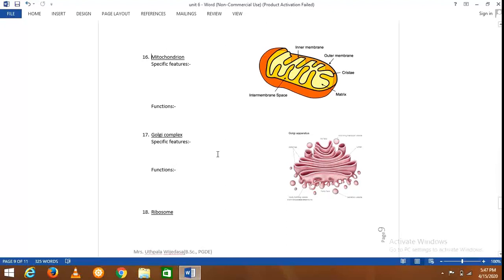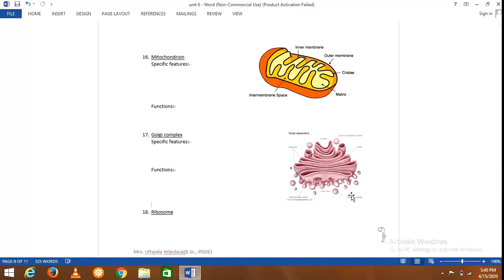Then the Golgi complex. Golgi complex is again a membrane bound organelle. It is just like sacks stacked on one another, and this is associated with a secretory function, and there are secretory vesicles surrounding the Golgi apparatus or the Golgi complex.